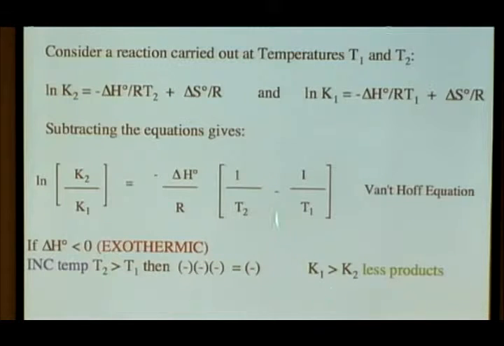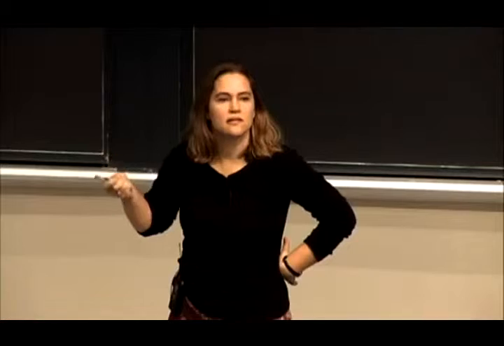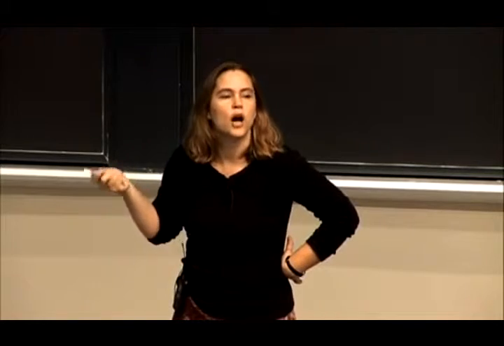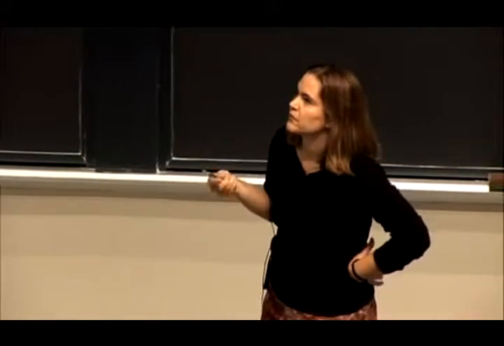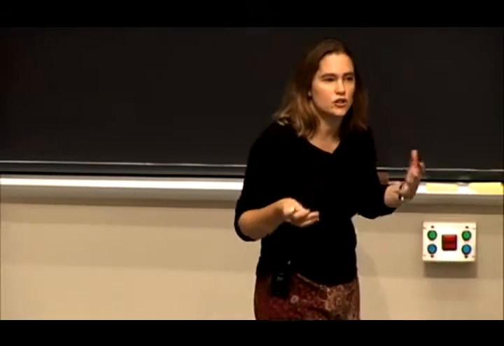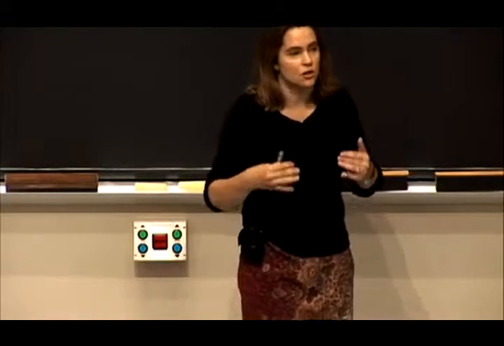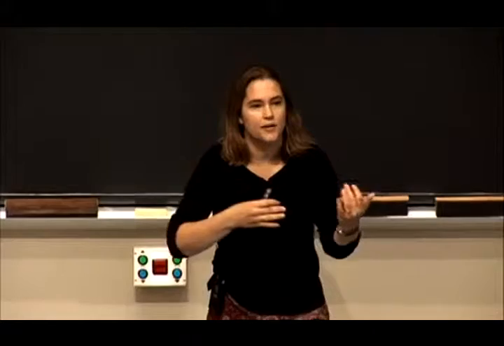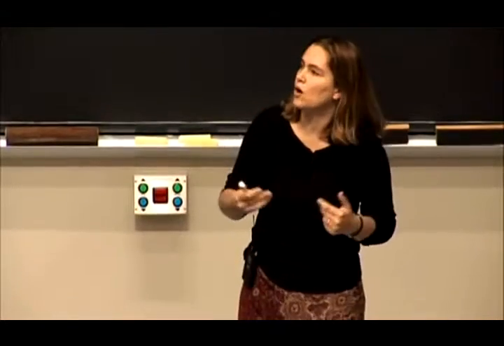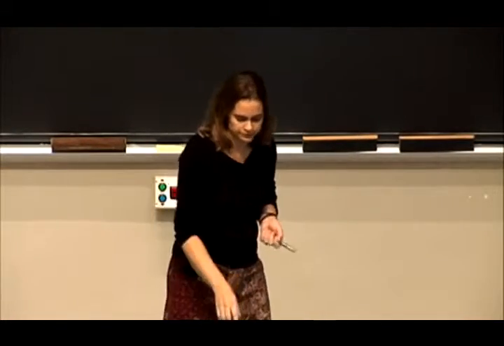So you would expect that the equilibrium constant at the lower temperature would be larger than the higher temperature one, that there'd be less products at this new higher temperature. So again, you can think about it in terms of Le Chatelier's principle, or you can run through with this equation and do the math and think about the relative size of K1 and K2.